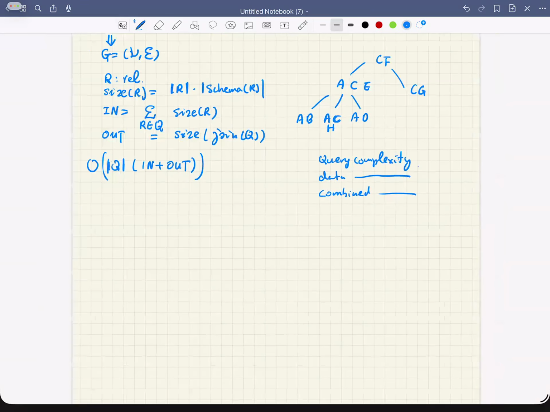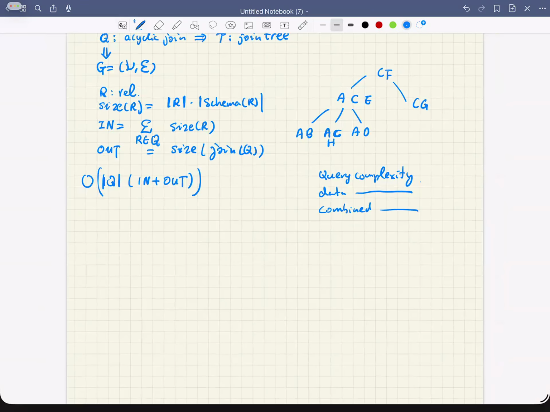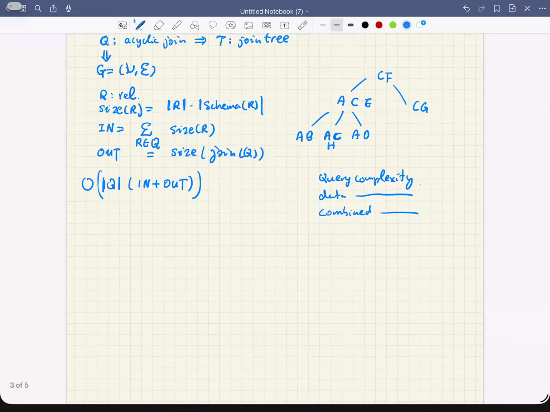Now let's talk about how to achieve this time complexity. Okay. Well, you're almost there, I would say, based on what we talked about last time. Okay. So in terms of theory, there will be one more important theorem. Okay.